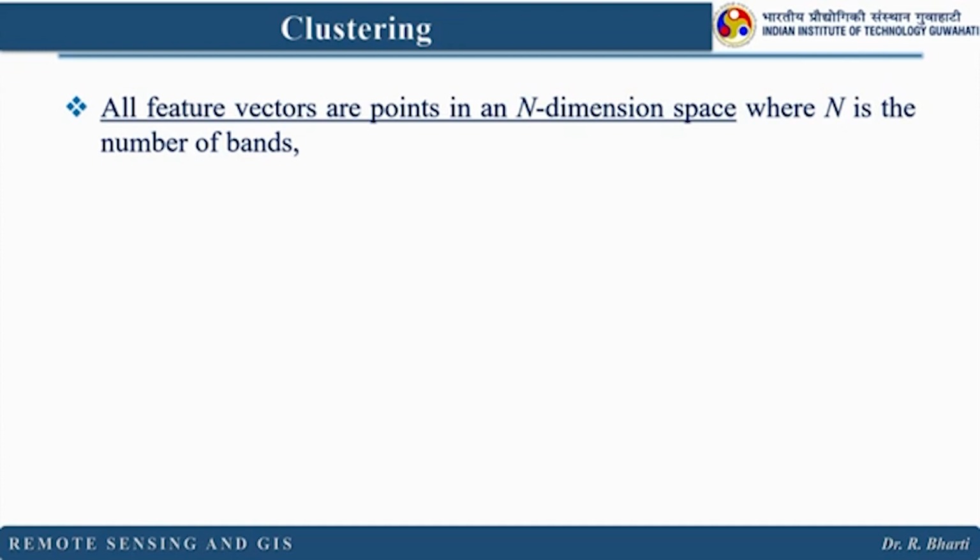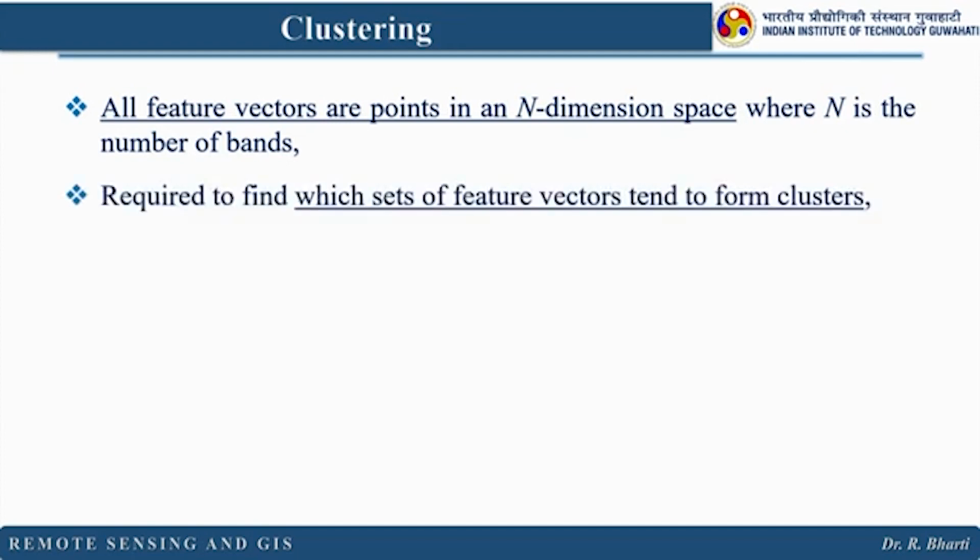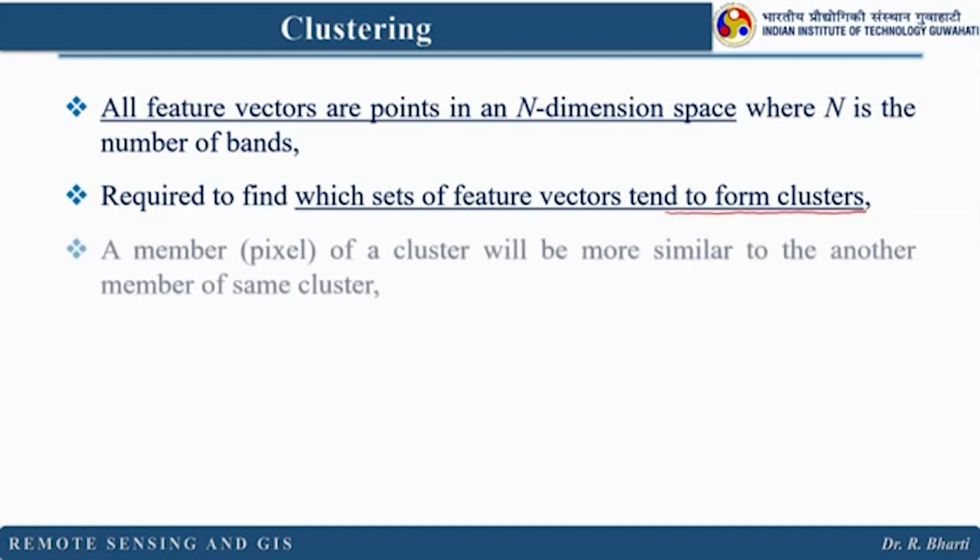So depending upon the number of bands in your input, that n-dimensional space will be used, right? It requires finding which set of feature vectors tends to form a cluster. So here you will have to find out which set of feature vectors tends to form a cluster.